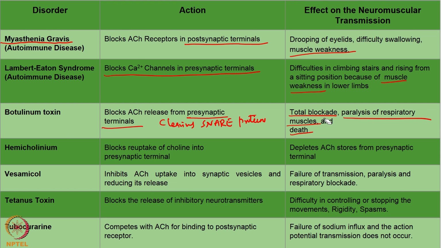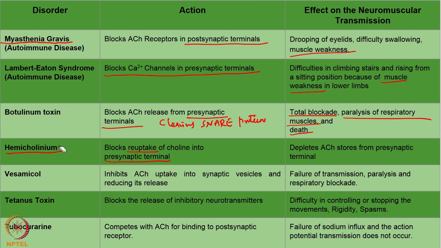Hemicholinium basically prevents the reuptake of choline into the presynaptic terminal, essentially depleting acetylcholine stores, and at some point the presynaptic terminal will not have any more acetylcholine to release, causing weakness.